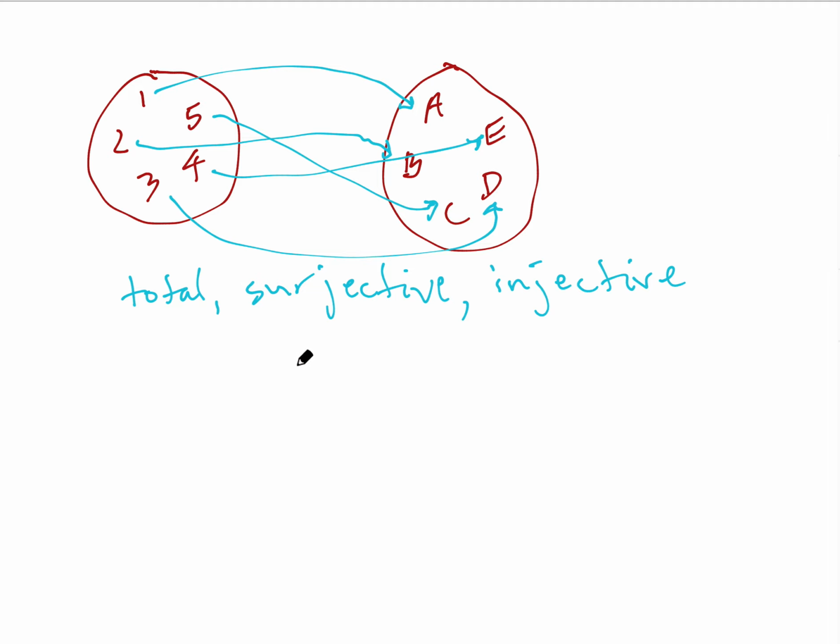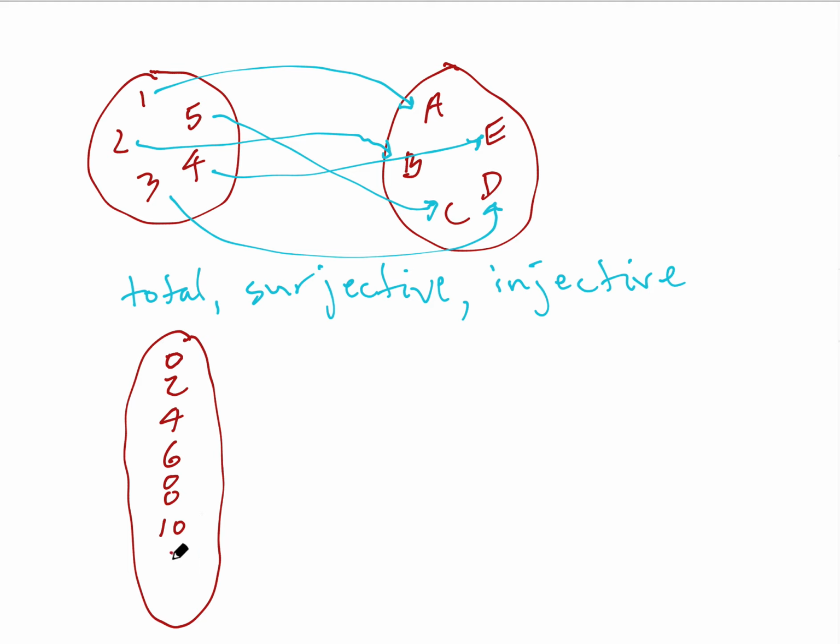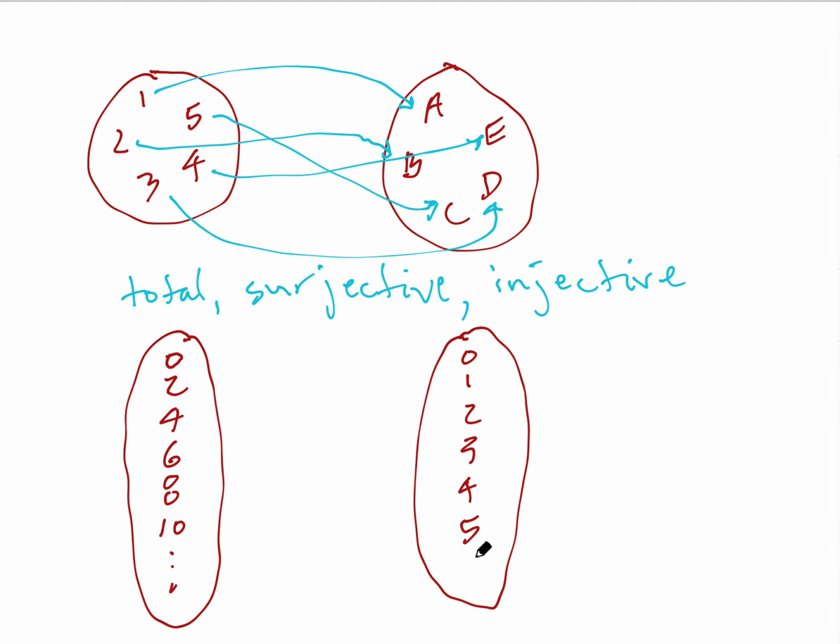Now, this idea works for infinite sets as well. Let's say I have the infinite set of the even natural numbers, which of course I can't write all of them, but you know what I mean. And now let's say I have a set of all the natural numbers, and so forth.